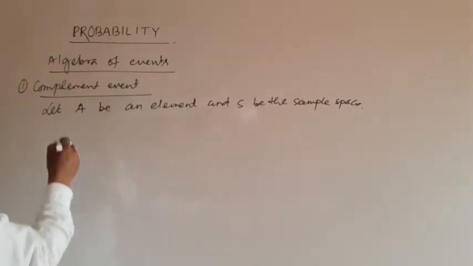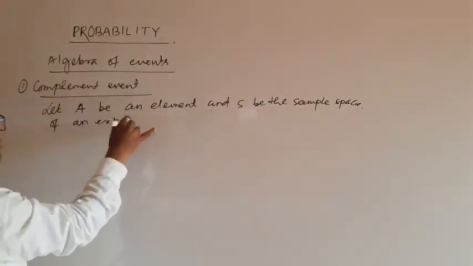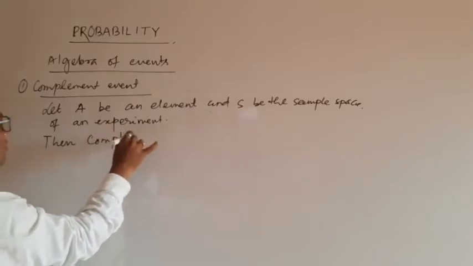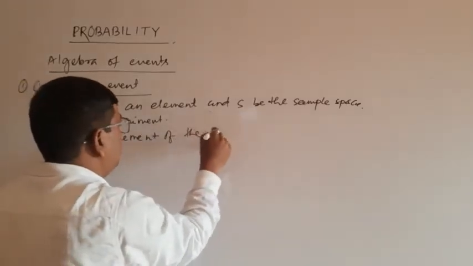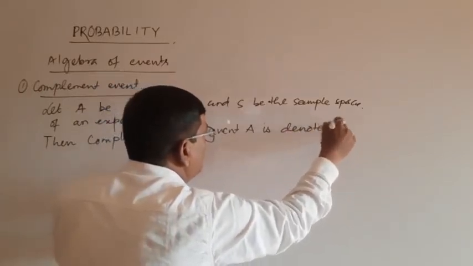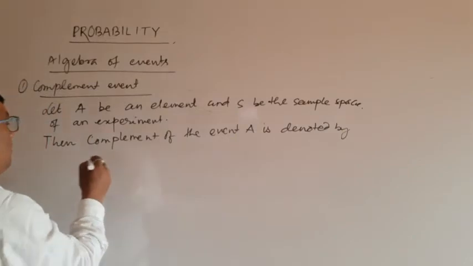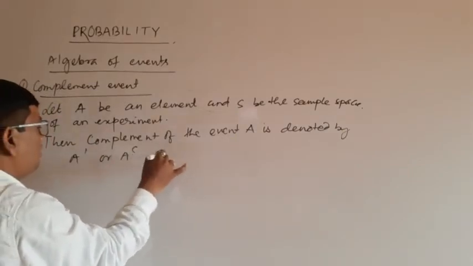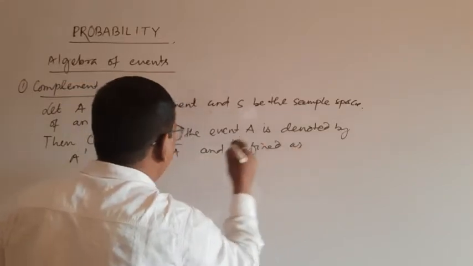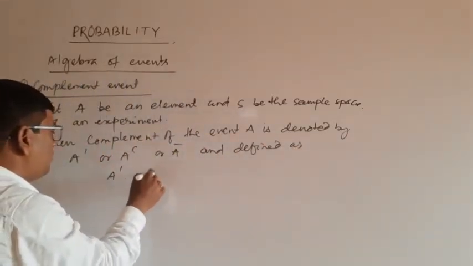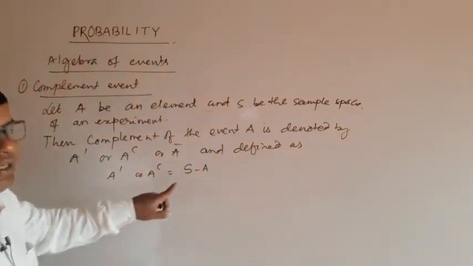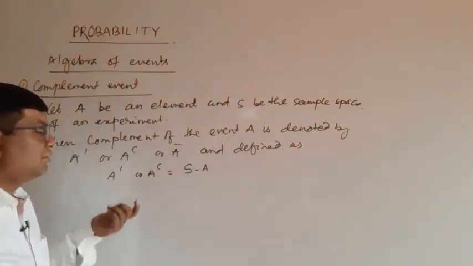Then the complement of the event A is denoted by A dash or A C or A bar, and defined as A complement, A dash, is equal to sample space minus A. Here sample space takes the role of universal set.